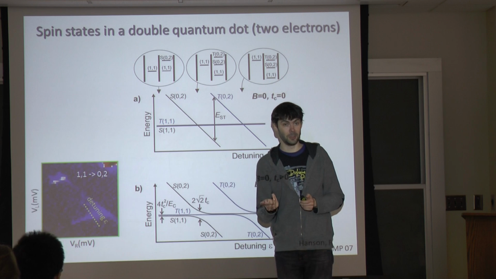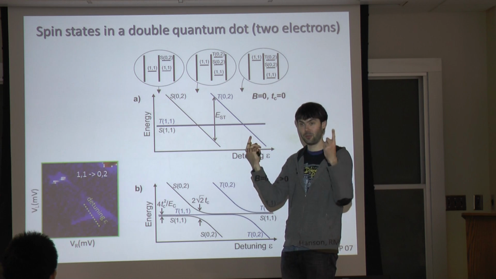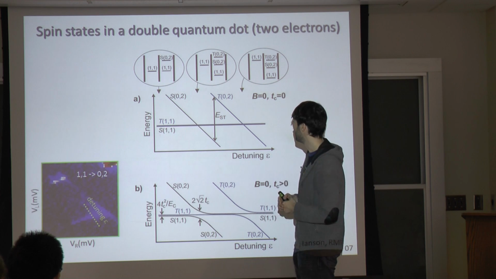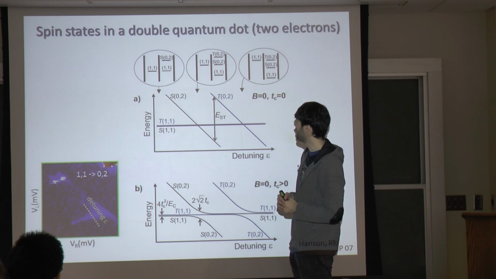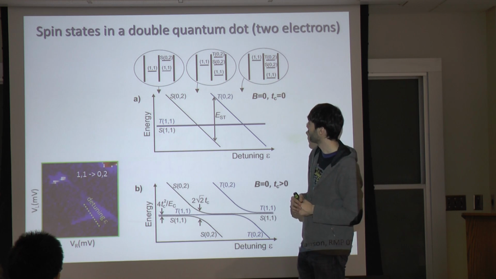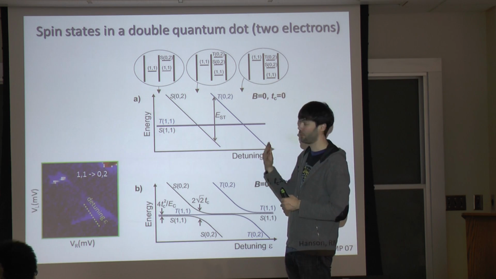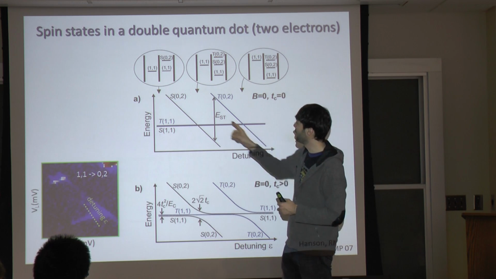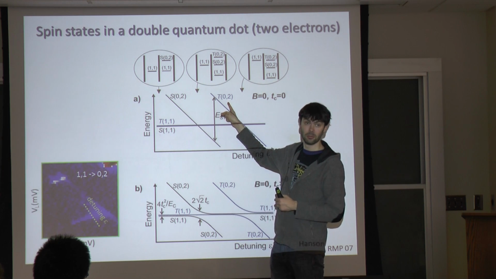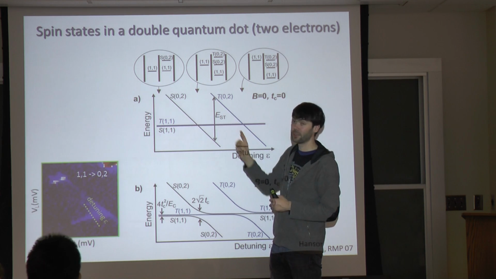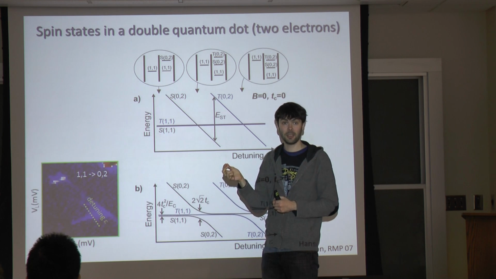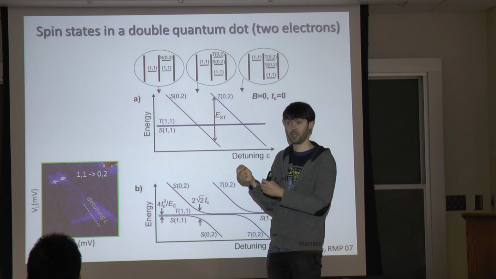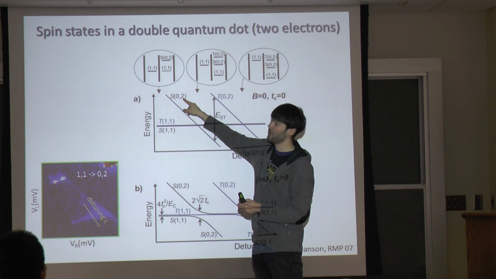Now, same goes for triplets. You can have a triplet with 2 electrons on different dots, and you can have triplets with 2 electrons on the same dot. The story is the same: you can have 3 of them in the first case, 3 of them in the second case. But if you think about singlet 0,2 and triplet 0,2, there the story from a single dot applies, that there is an energy difference between this singlet and the triplet, because now one dot is empty and the other one has 2.